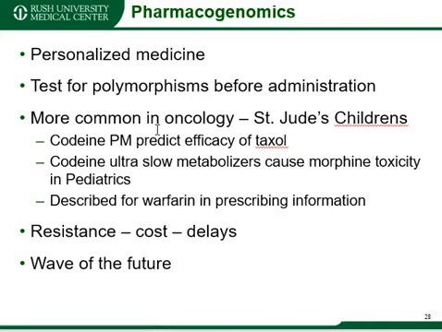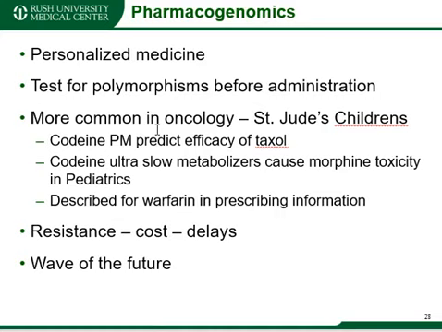So a good example would be we can give codeine, and we can predict how efficiently they are going to biotransform Taxol. Taxol is a really expensive and quite nasty chemotherapy. Codeine is relatively cheap. Okay, so if we can identify the ultra slow metabolizers of codeine, we can also predict some of the toxicities that might develop in pediatrics.